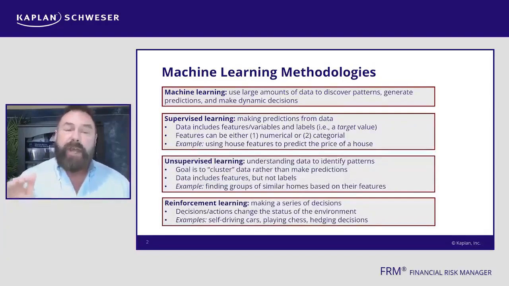In order to understand why machine learning is important, we have to understand why we can't use more conventional methods such as econometrics to be able to solve our problems.